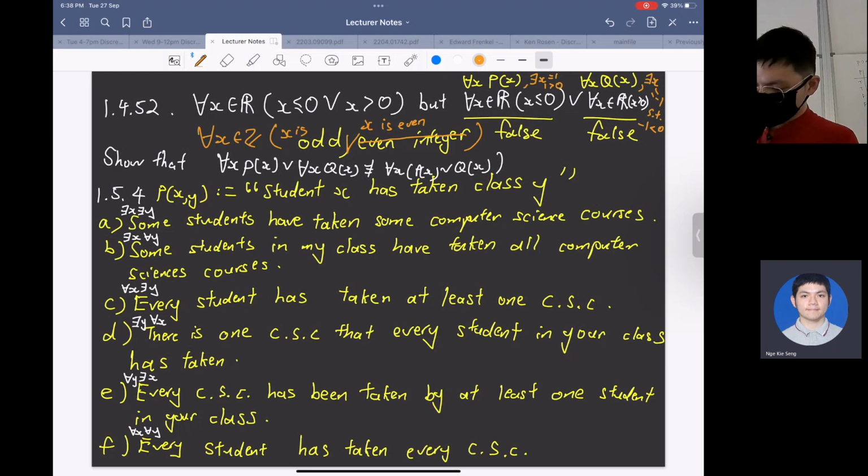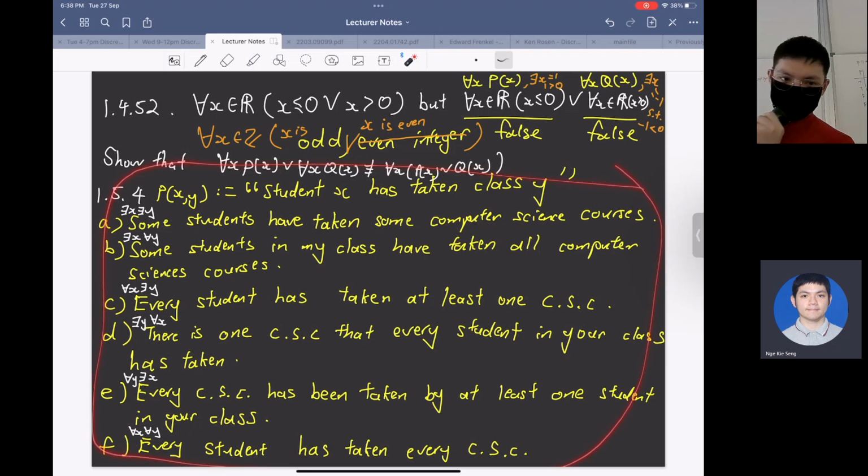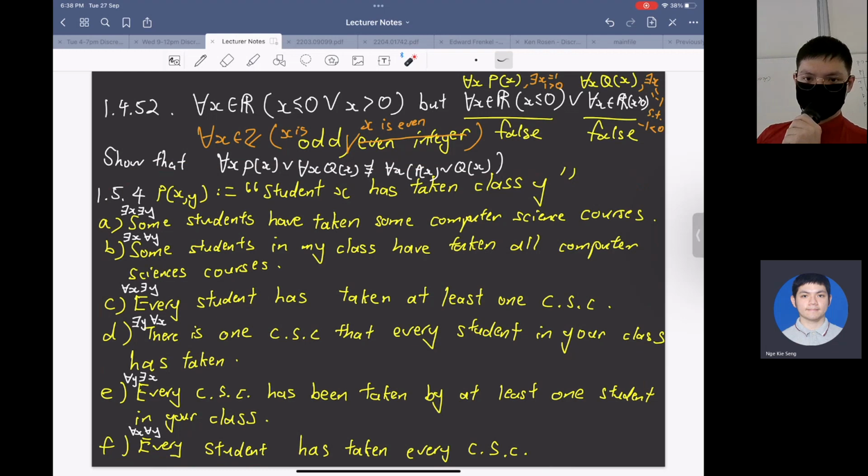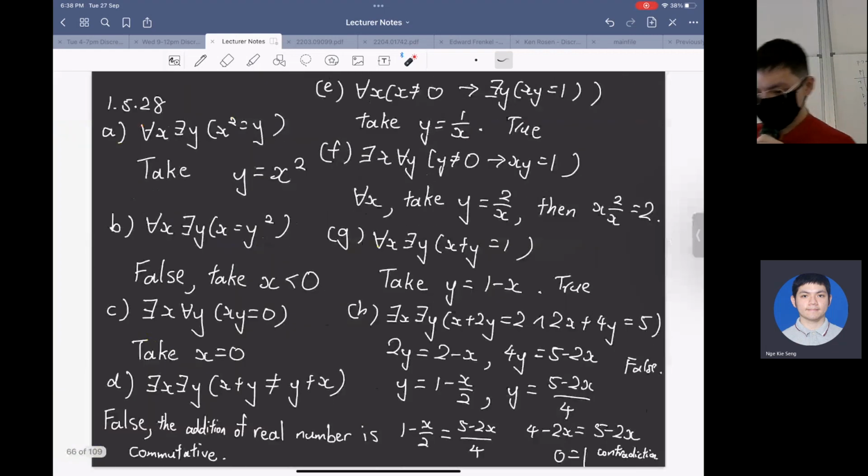So 1.5.4 is just translating the statement from symbols into English. So you should try it. Just try it. Nothing to say about this thing.